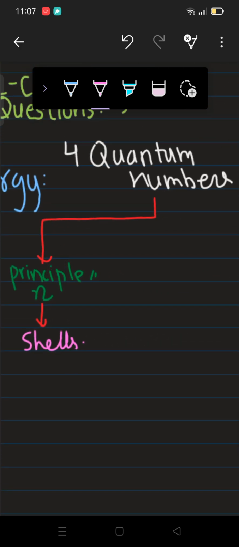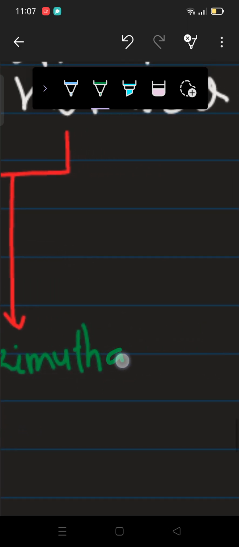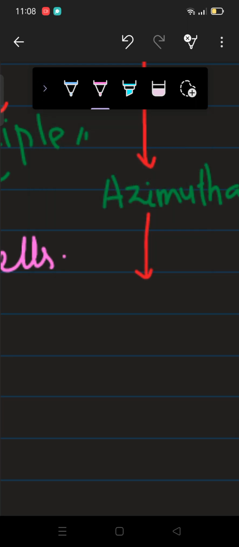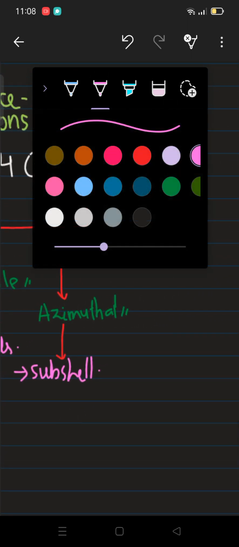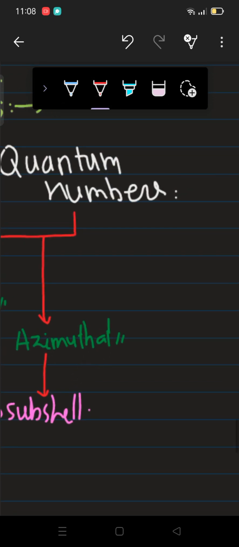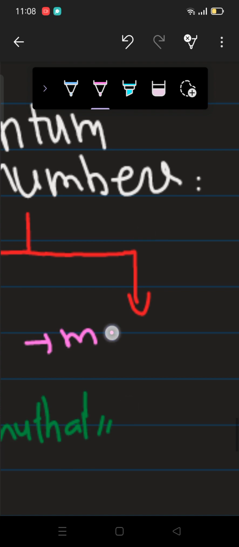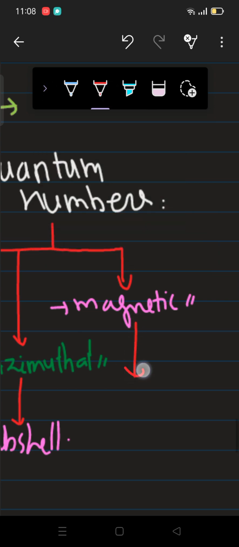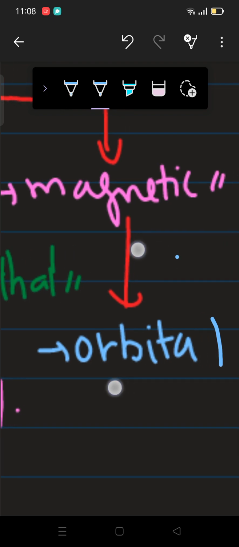Then we have the azimuthal quantum number, and it tells us about the subshell, s, p, d, f. Then the third quantum number is the magnetic quantum number, and it tells us about orbitals or orientations.